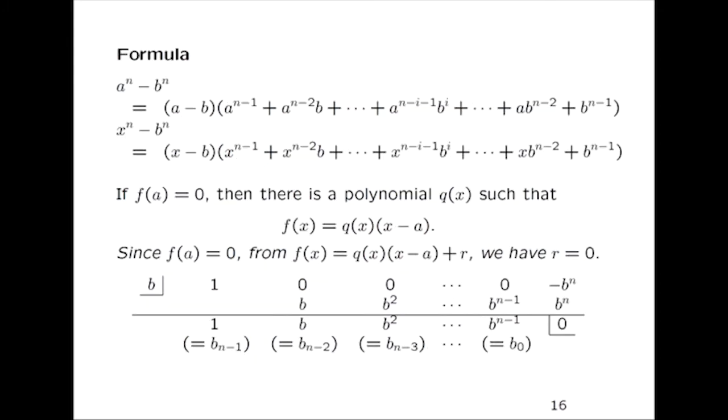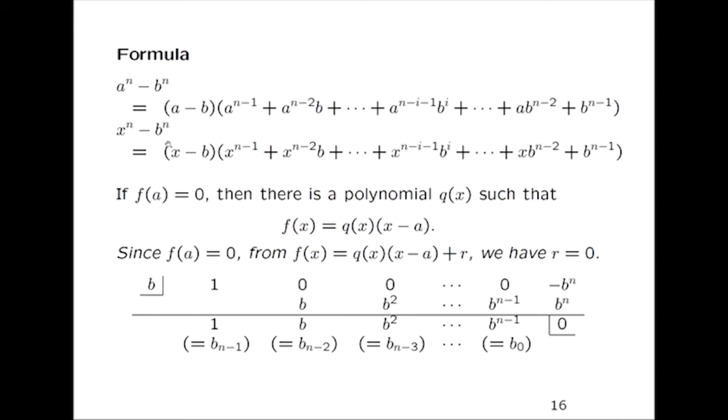Okay, and just let me add one more thing. That is a^n minus b^n. We have done this, but this can also be found by the synthetic division. Okay, because you can write it in this way: x to the nth power minus b to the nth power.